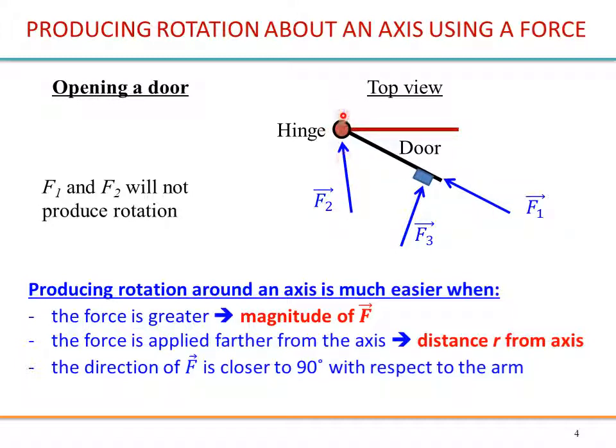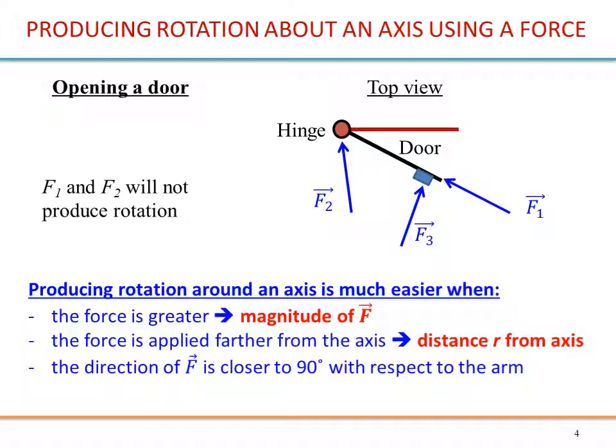F2 goes directly on the axis of rotation, and F3 is applied to the end of the door like F1, but with an angle compared to this line. So it makes common sense that F1 and F2 will not produce rotation, because in fact their direction, their line, intersects the axis of rotation.